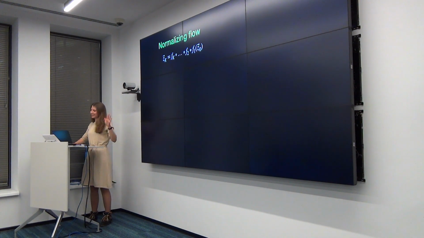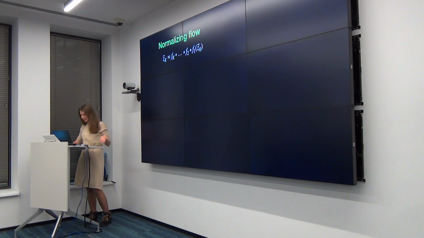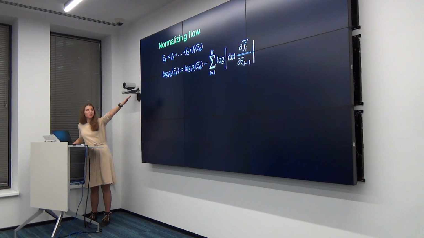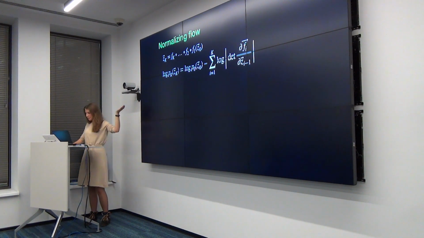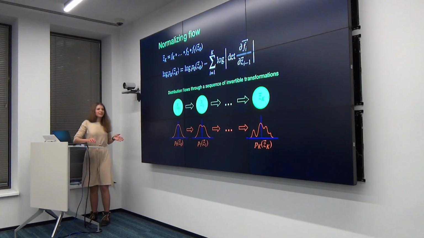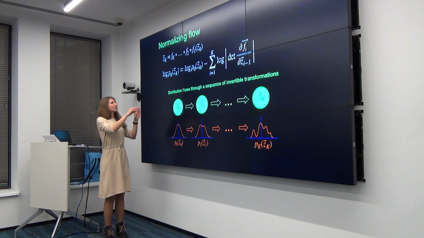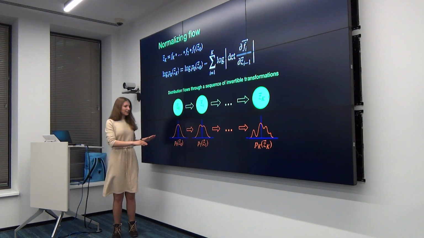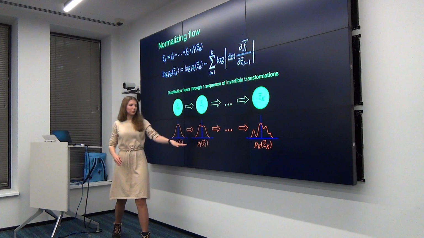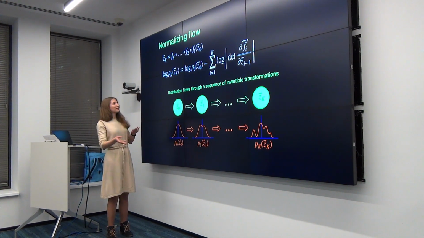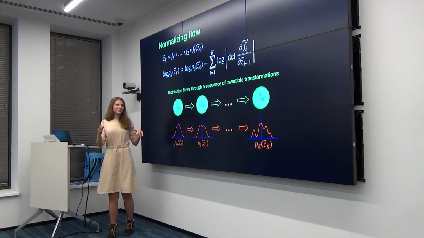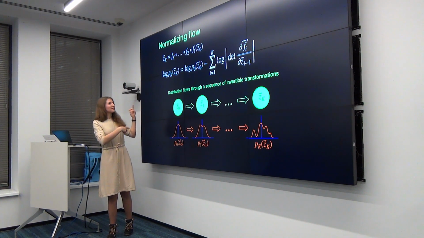Let's apply k invertible transformations to our random vector Z0, and we will get the following equation for its density transformation. Through these k invertible transformations, we transform our vector, and we know how its density transforms. So the analogy is that the distribution flows through a sequence of invertible transformations, and because of this, the structure was named normalizing flow.